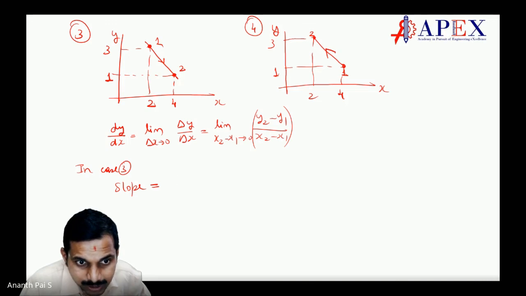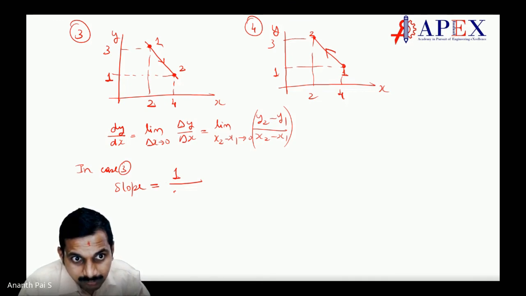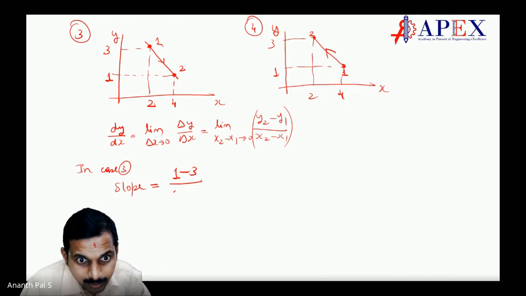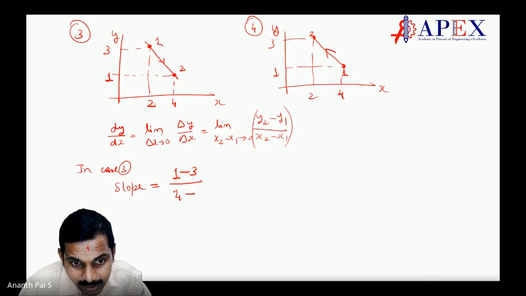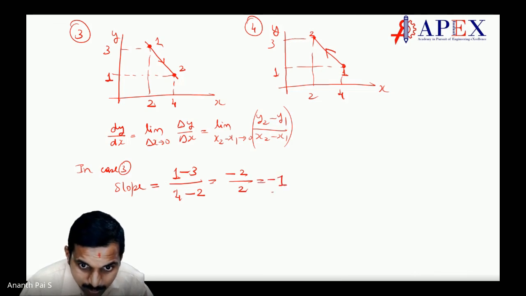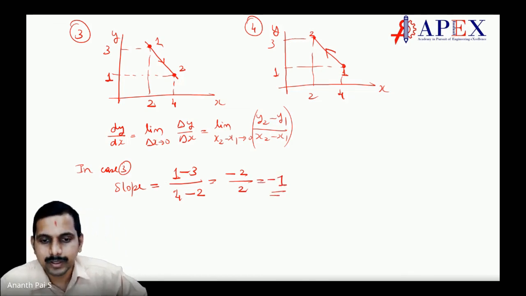Sorry, y2 is 1, minus y1, which is 3. What is x2? 4, minus x1, which is 2. So it is minus 2 divided by plus 2. So negative 1 is the slope. Yes, sir, negative slope.